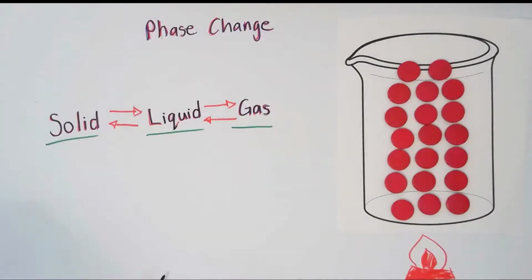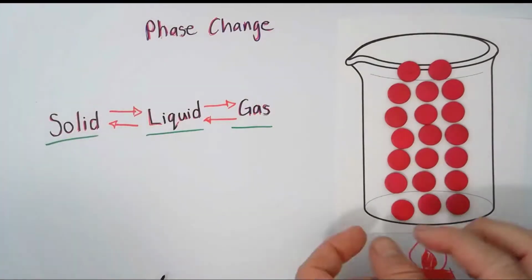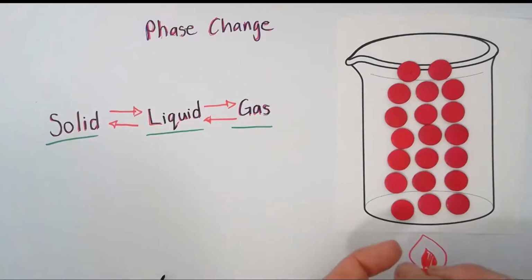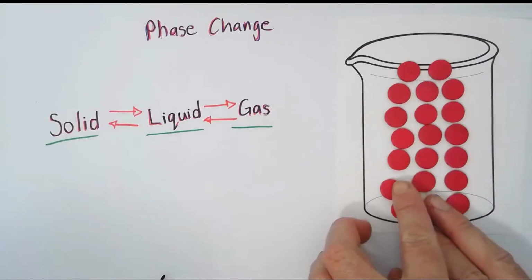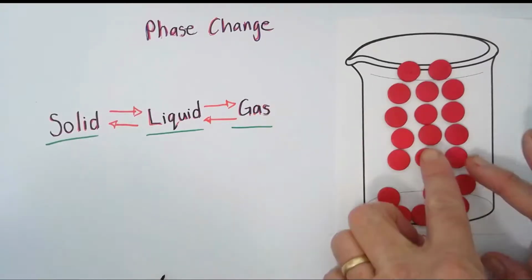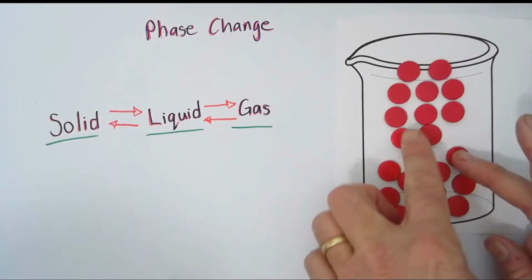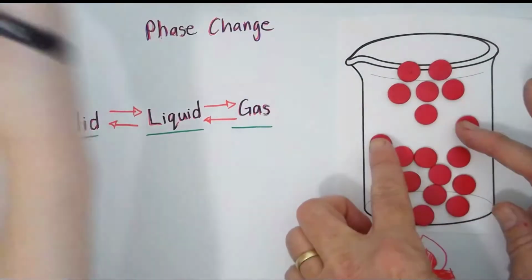And so when we put more and more energy into the particles, the vibration gets so energetic that the attraction between the particles can no longer hold them in place in that fixed position. And so they get unstuck and are allowed to move freely. This is what we call melting.